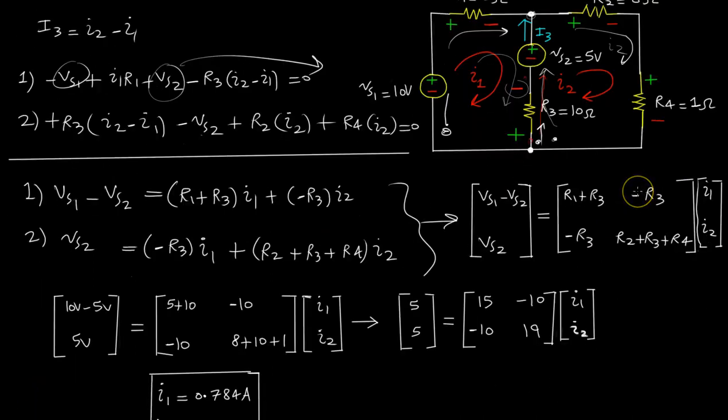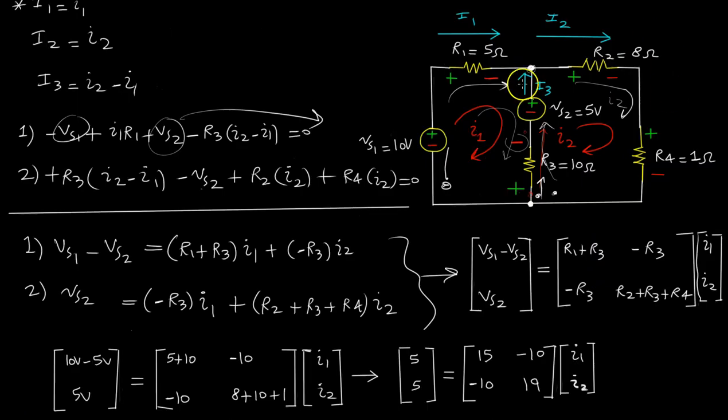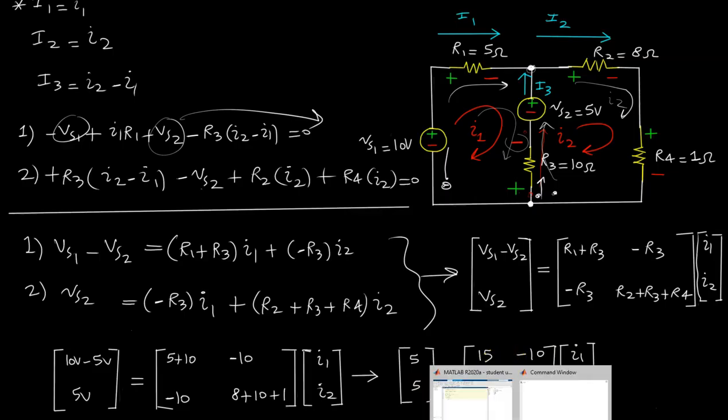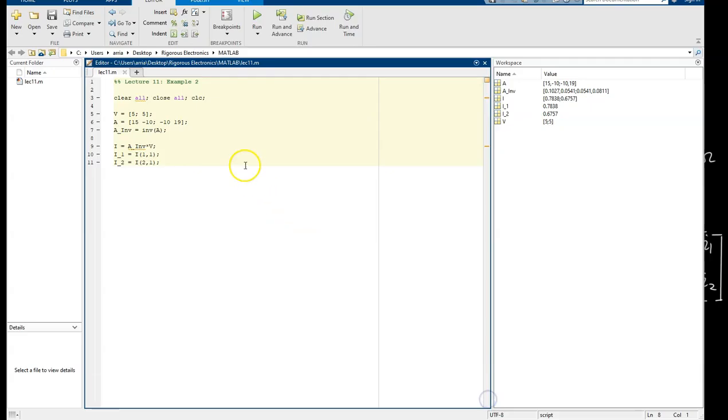Okay, so I went ahead and plugged in the numbers for all the resistors based on the schematic, and having simplified them, you get the voltage vector 5, 5 and the coefficient matrix as you can see below. And so plugging this into MATLAB, because we already covered linear algebra fundamentals, we go ahead and go to MATLAB. You can see the simple script I wrote here.